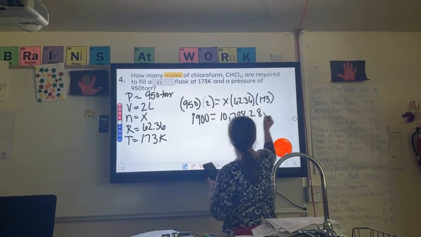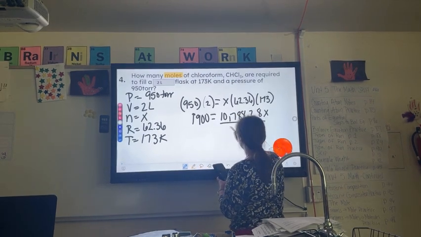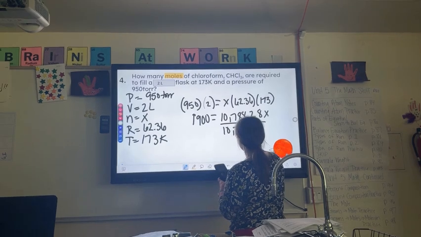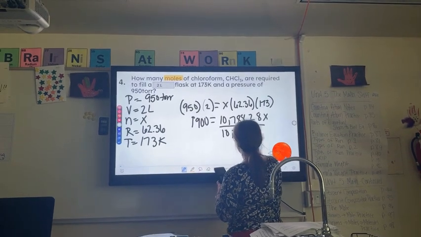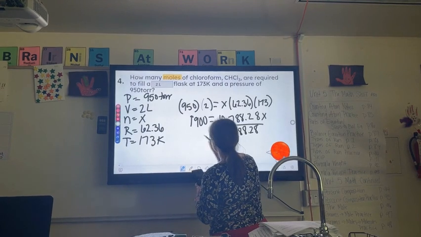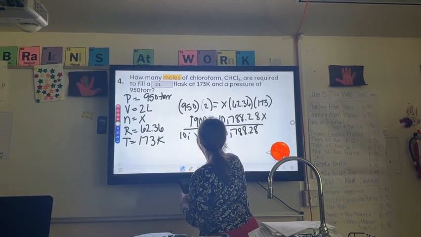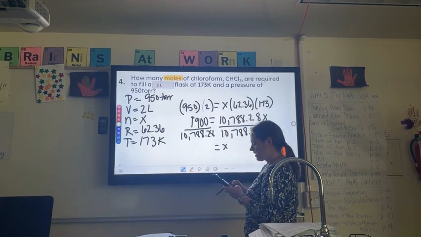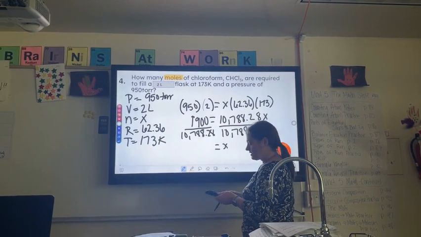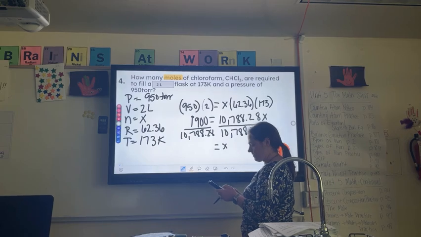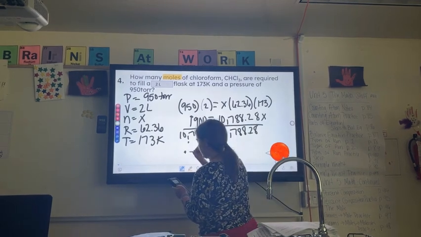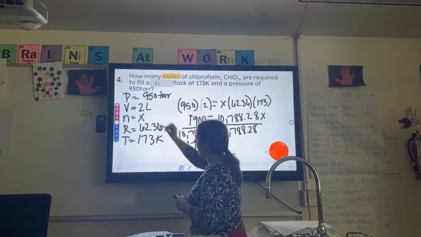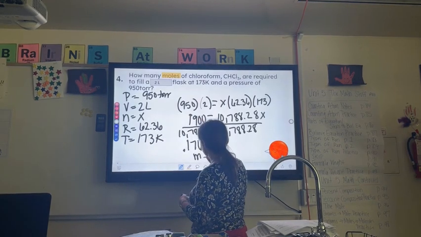That's multiplied by our X, so we'll divide each side by the large number to get X by itself. So 1900 divided by 10,788, and you get 0.176. And we're looking for N, so N is moles.